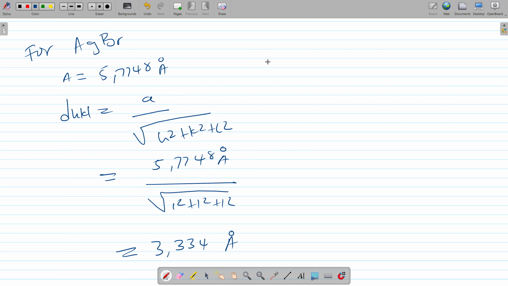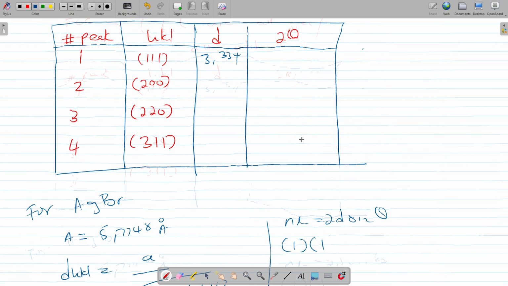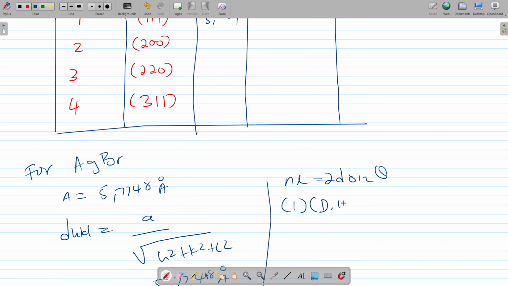So for our 2 theta, we are going to have the following. I'm going to say for our 2 theta, we're going to have n lambda is equal to 2d sine of theta. And then in here, we're going to have 1. Remember, our wavelength is given as 0.15418 angstrom, and we have 2d sine of theta.